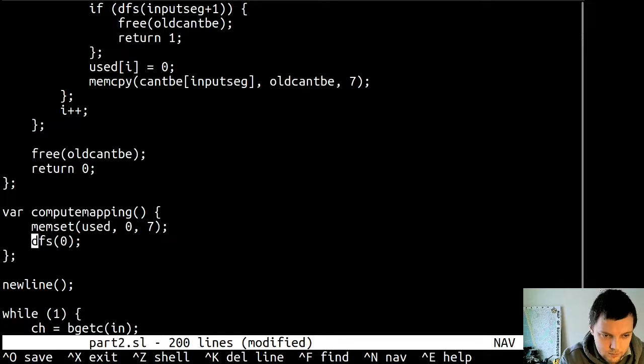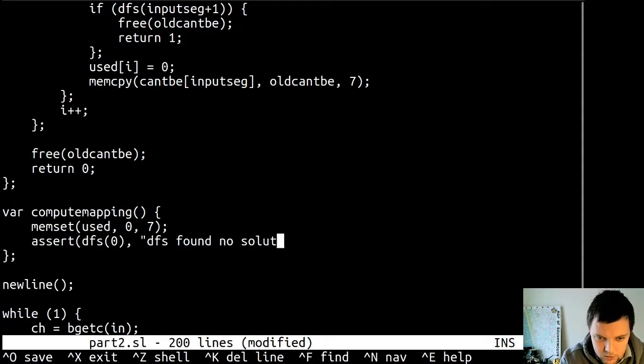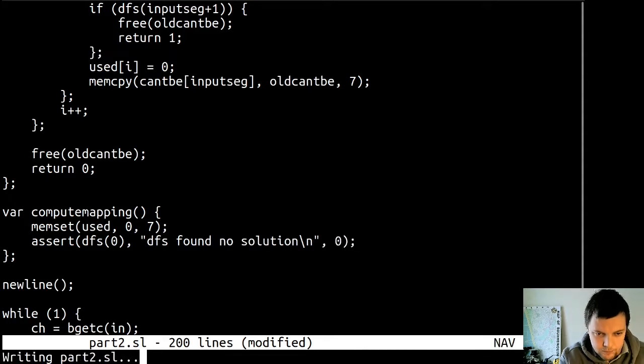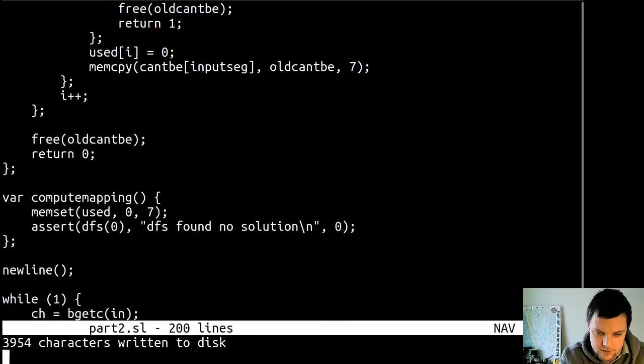And then we'll assume that this works. No solution. And let's see if that does it.